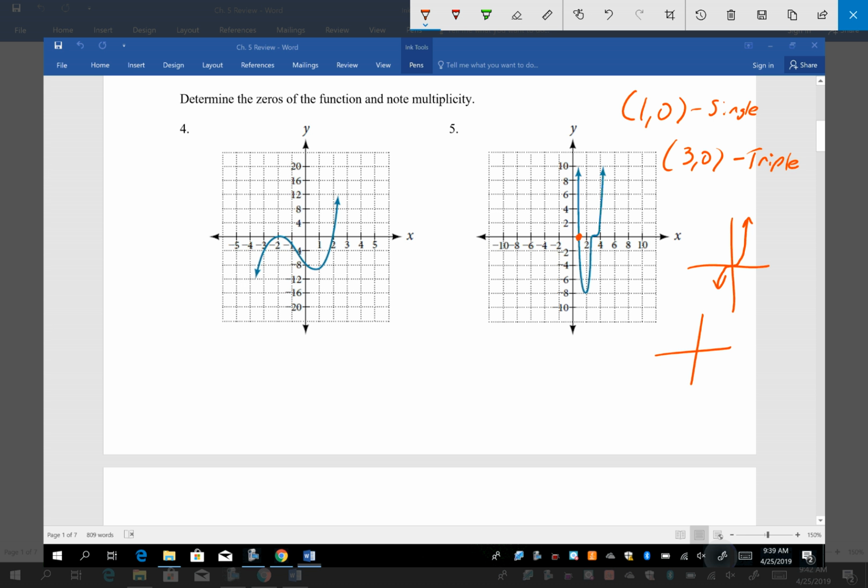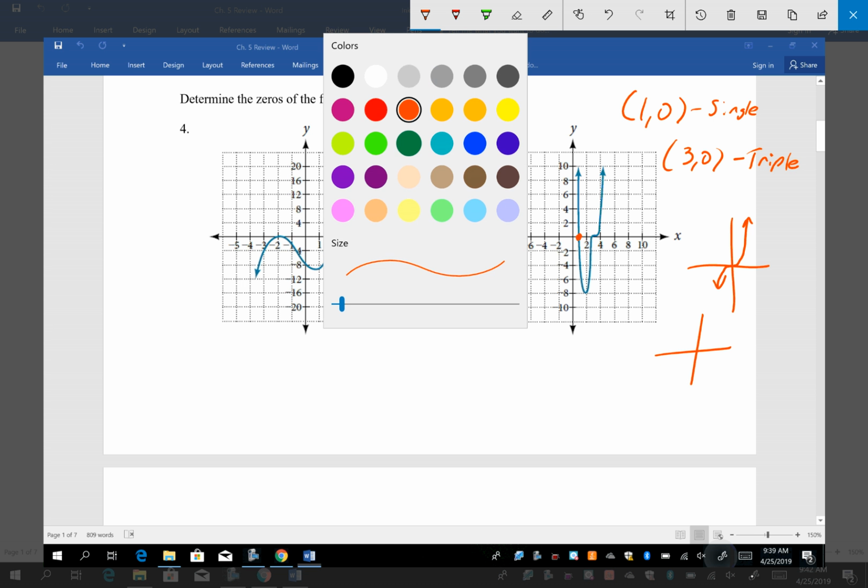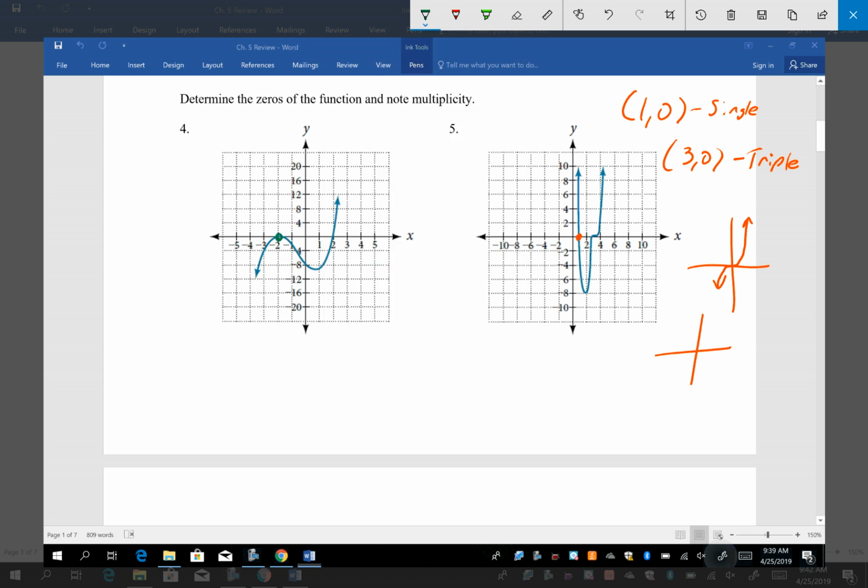I think we go with Lily's first question, and then 4. So it's single if it passes straight through normally. Yeah. So I think Diana said let's just do number 4. Okay, fine. So we already said -2, 0 is going to be a double root because it touches -2 and then comes back in the same direction.